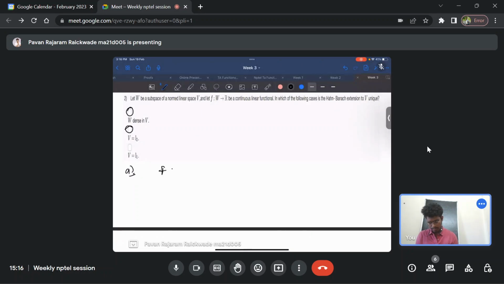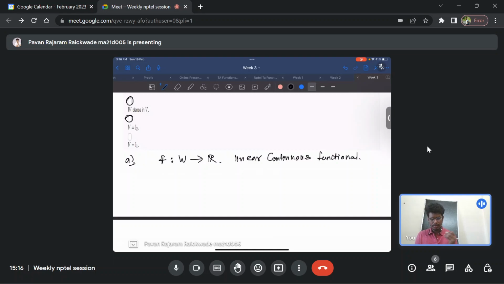So let F be from W to R, a continuous linear functional.